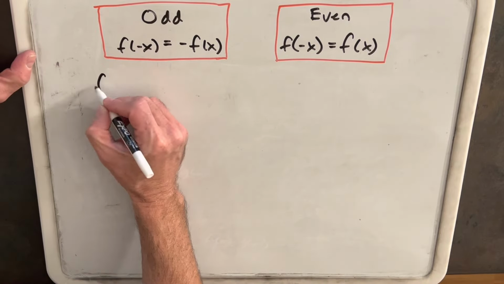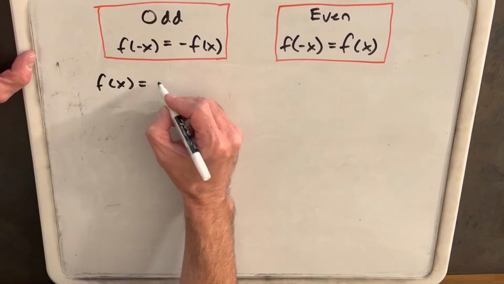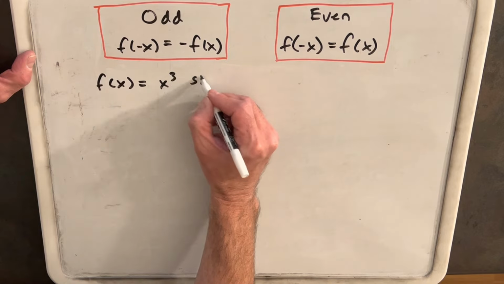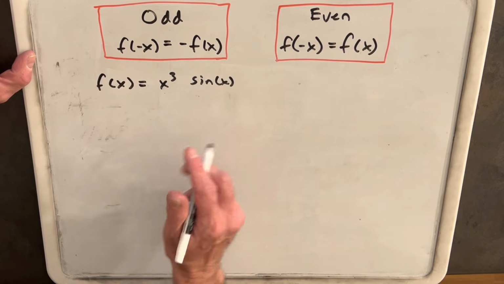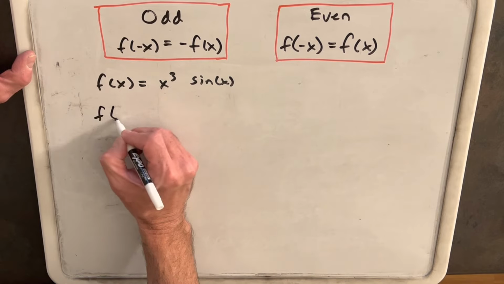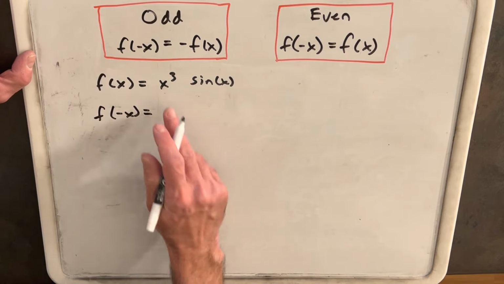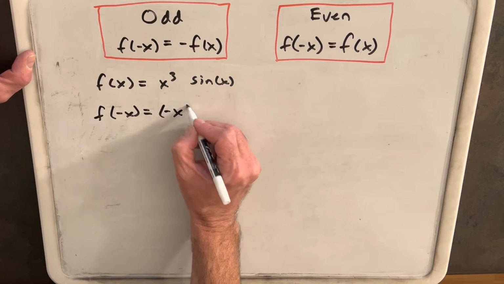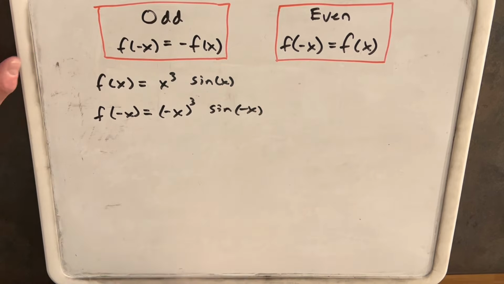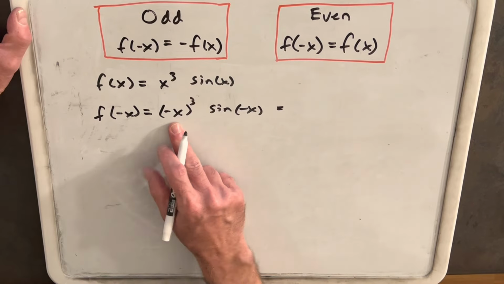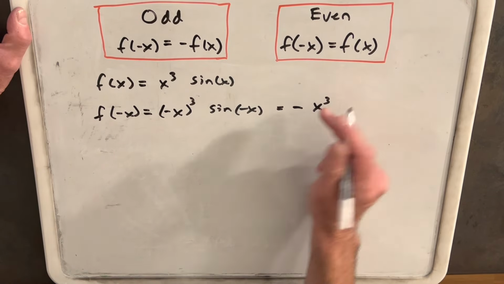Then for one last example, we're going to look at f of x equals x cubed times sine of x. So we have an odd function times an odd function. Now let's look at f of minus x and see what happens. So we'll plug in our minus x here, and sine of minus x. So then multiplying this out, we end up with minus x cubed.